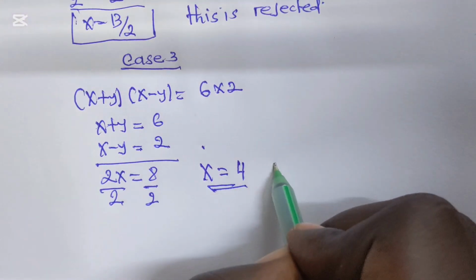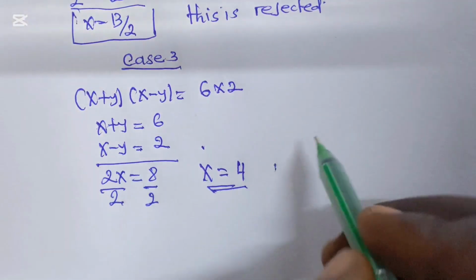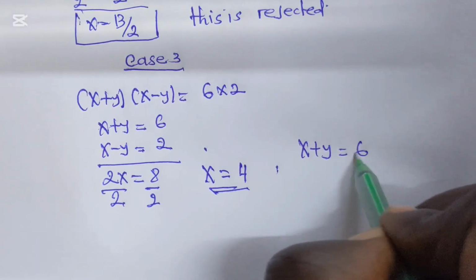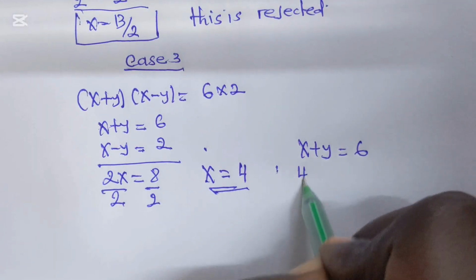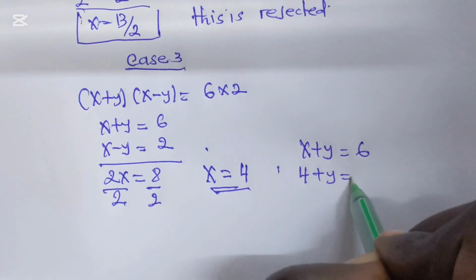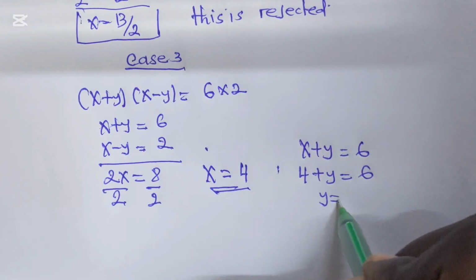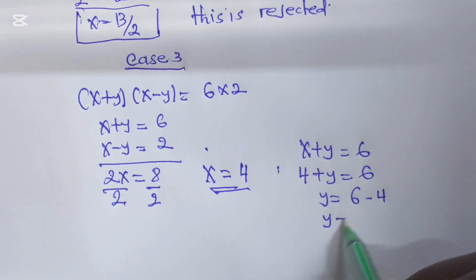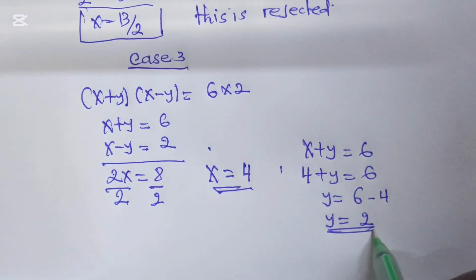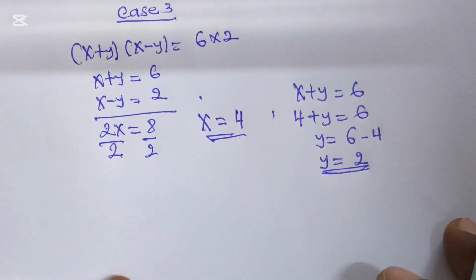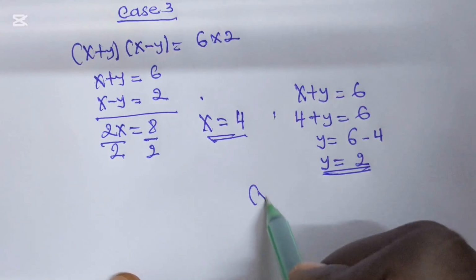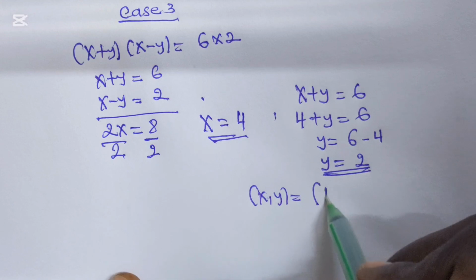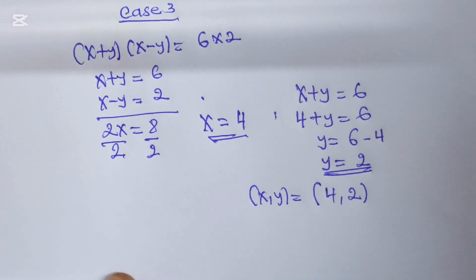Then for y, replacing in x plus y equals 6, we have 4 plus y equals 6, then y equals 6 minus 4, so y equals 2. So we have x, y equal to 4 and 2.